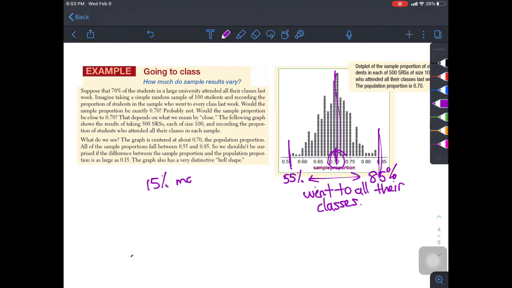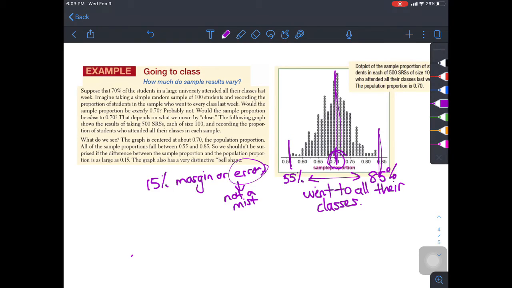So 15% margin of error, there's always going to be a margin of error. Okay, why? Because 70 minus 55 and 85 minus 70 is 15%. So give or take, this is not a mistake. This doesn't mean a mistake.